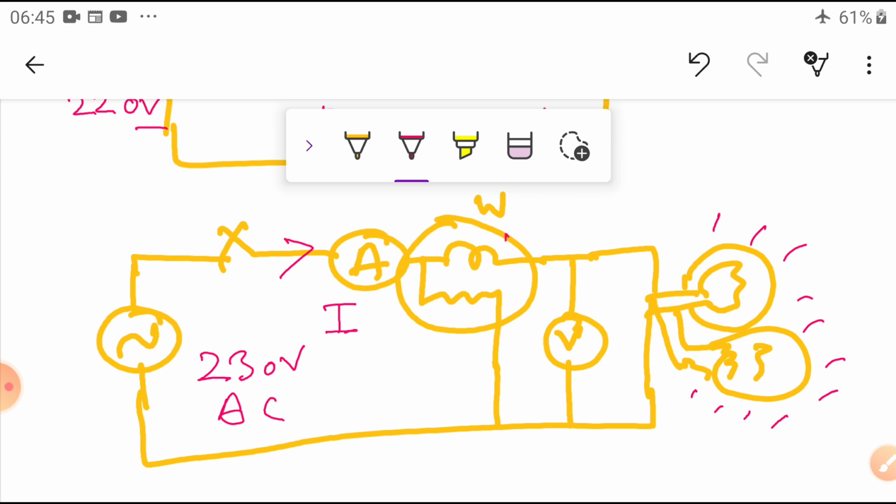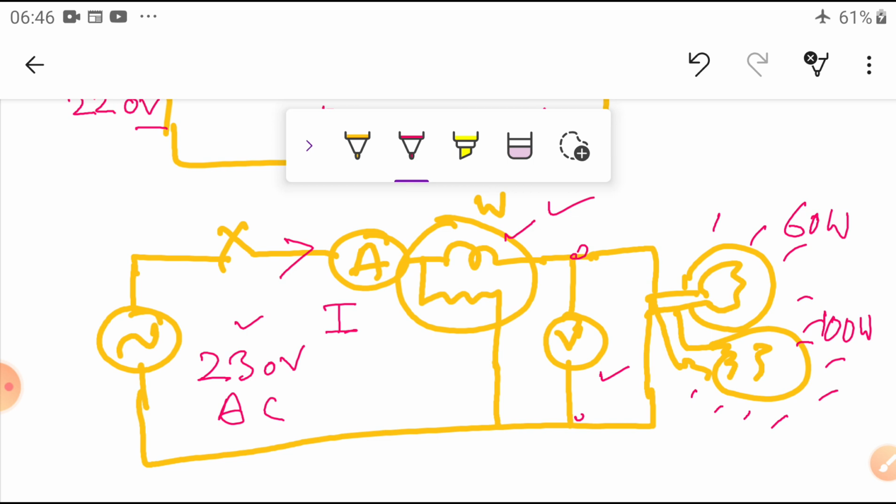Then our wattmeter will show the power consumed by these two bulbs. For example, this is a 60 watt bulb and this is a 100 watt bulb, so the total 160 watts is indicated by the wattmeter. Then what is the voltage? Here 230 volts is applied, and the voltage across the load is indicated by our voltmeter.